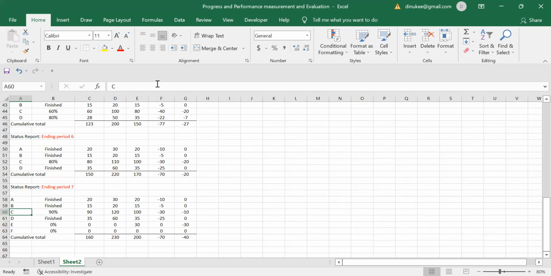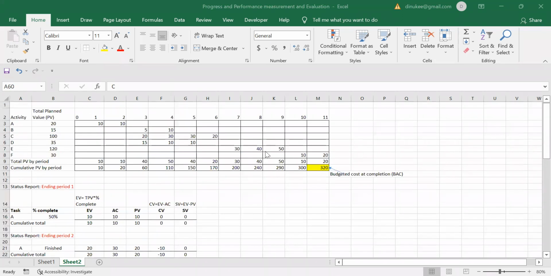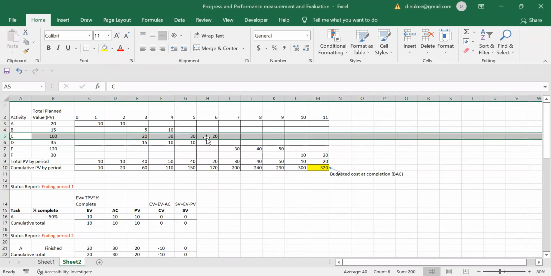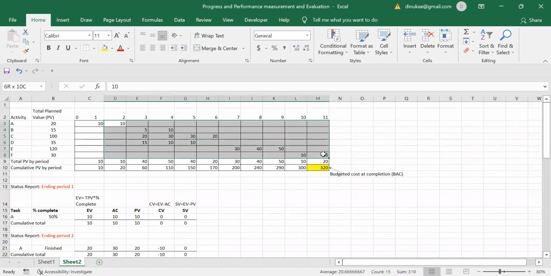Right, so one student is asking why activity C is not finished at period 7. Activity C is not going to finish. කලින් කිව්වේ මේක මේ දාලා තියෙන්නේ budget කරන ඒවල values, right? මේවා තමයි අපි budget කරලා හිතන්නේ මේ විදිහට වේවි කියලා. හැබැයි when it is happening in the actual scenario, that can be different, right?